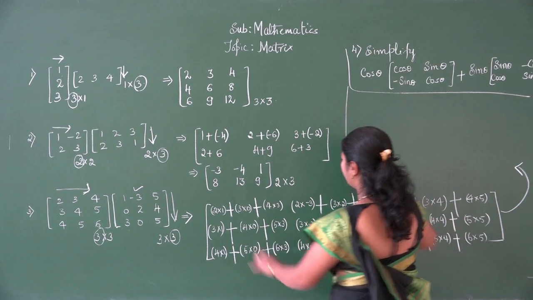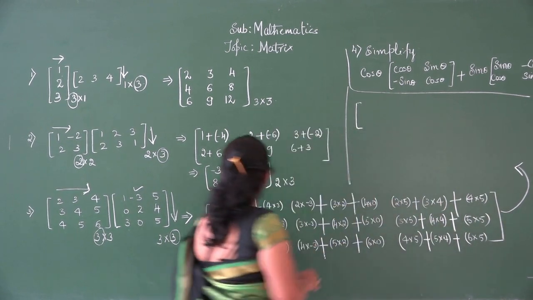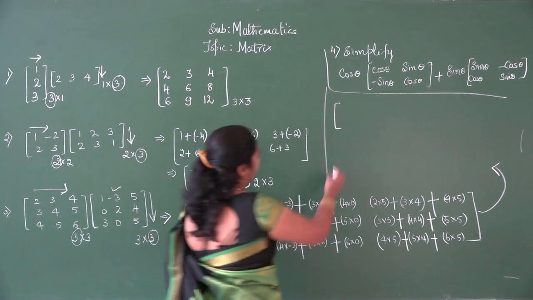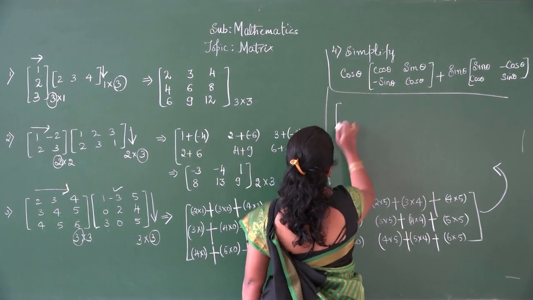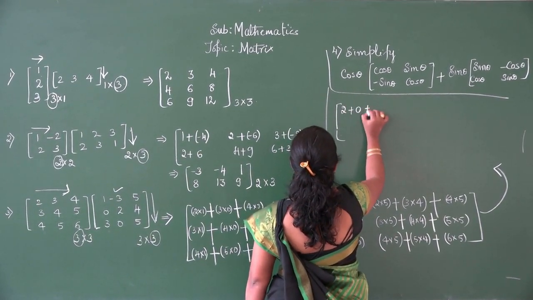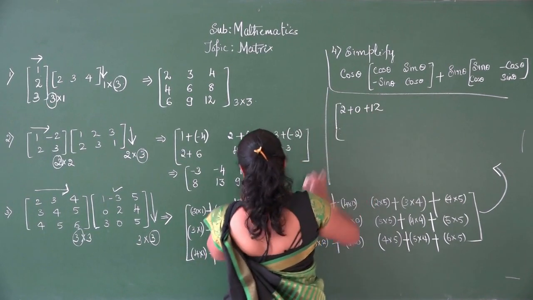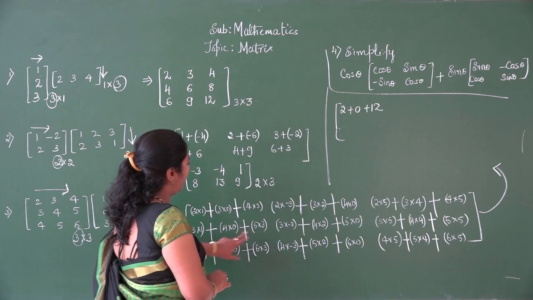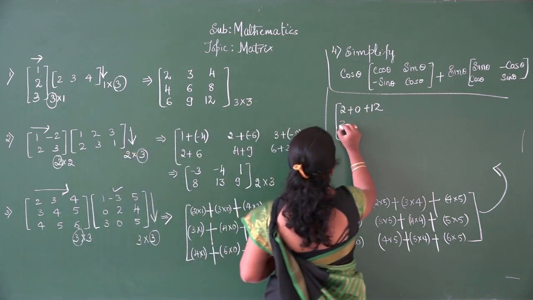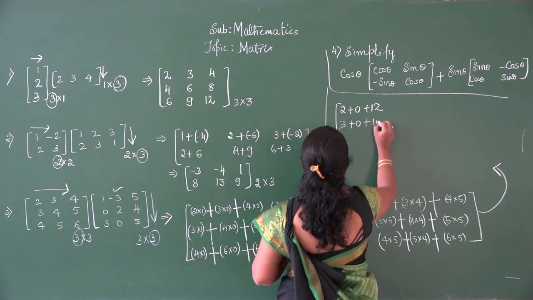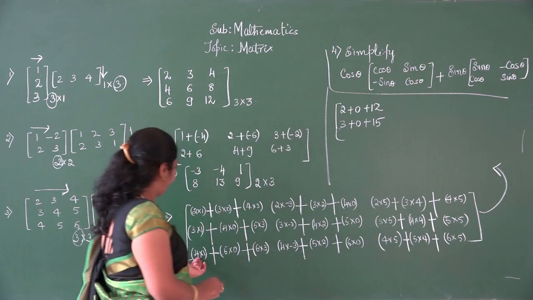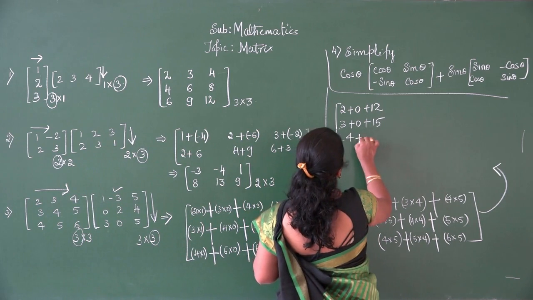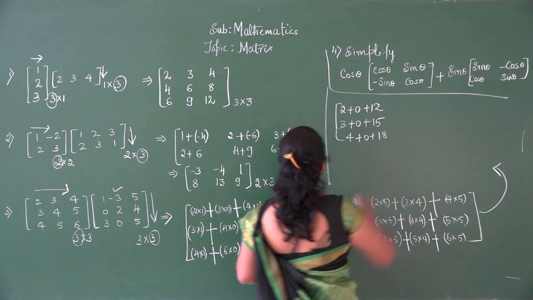2 ones are 2 plus 0 plus 12, 3 plus 0 plus 15, 4 plus 0 plus 18.